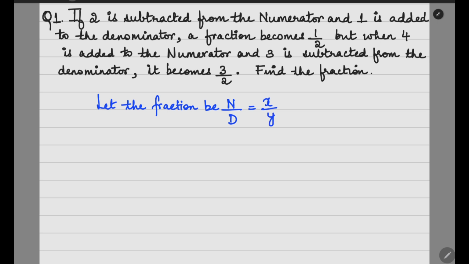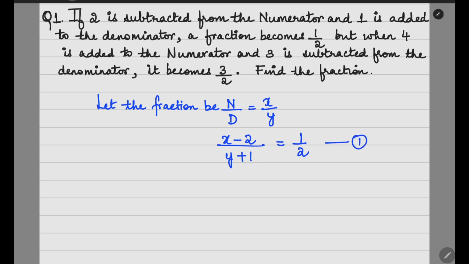So what is given according to the first sentence? If 2 is subtracted from the numerator, that means x minus 2, and 1 is added to the denominator, that is y plus 1. Then the fraction becomes 1 by 2. This is the first one.